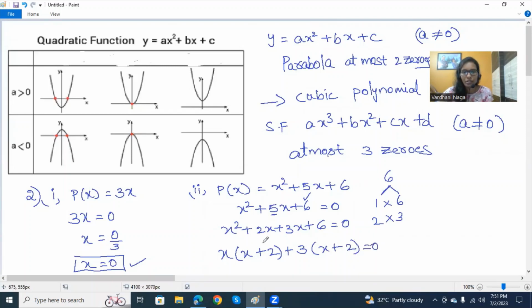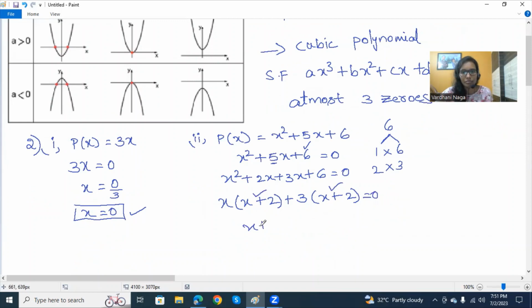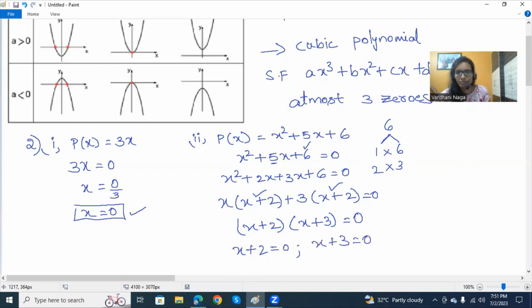Now these two will be the same factors, so write only one time because these two are common. And the rest of the things make it as a factor. x plus 3 equal to 0. So these two are the factors. Now x plus 2 equal to 0, one value you will get. x plus 3 equal to 0, one value you will get.